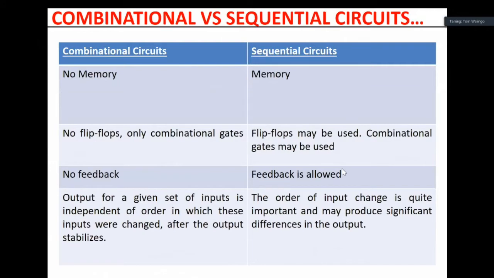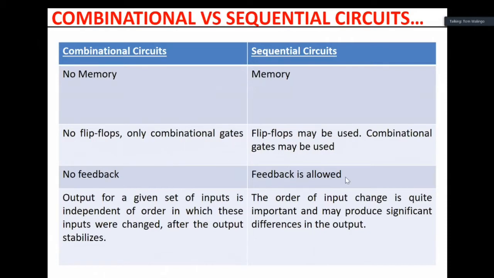So we're just defining what a combinational and sequential circuit is. A combinational circuit has no memory, like an AND gate. Whatever is at the input gives you the output. A sequential circuit has memory. How are they made? A combinational circuit is just a combination of gates. There is no memory. In a sequential circuit, there is memory. You've got flip-flops. Flip-flops are the ones that bring in memory or feedback. This one has no feedback. This one has feedback.